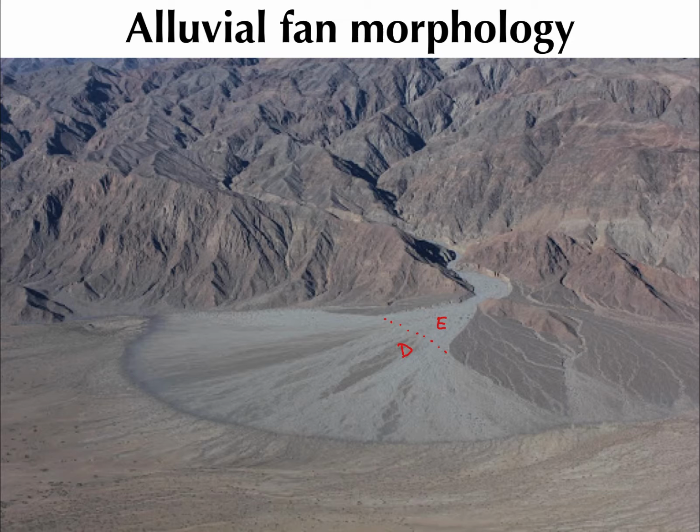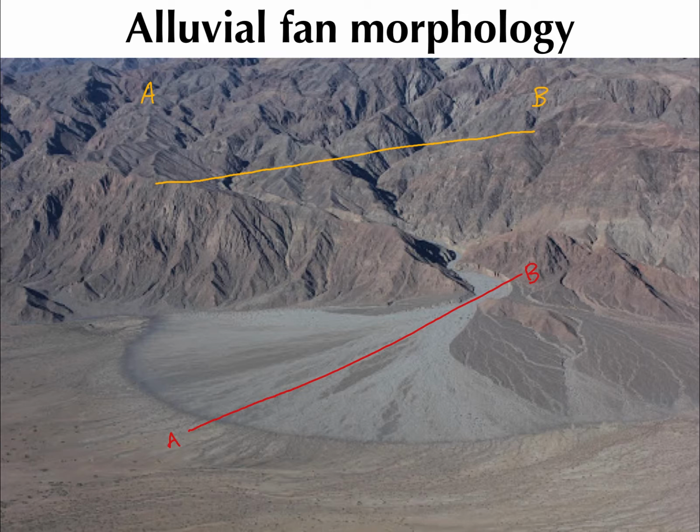So if we were to draw a cross section longitudinally through this fan from A to B, and I'll draw that in yellow at the top of this slide. There's A and there's B. We have the fan surface, whether it's inactive or active.